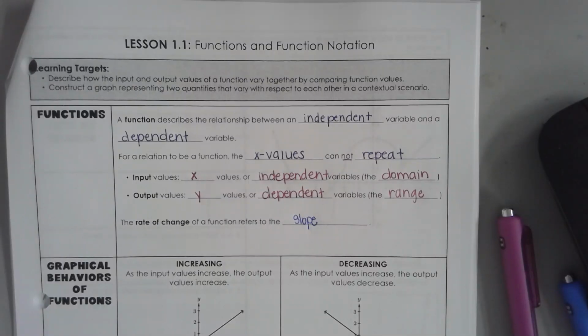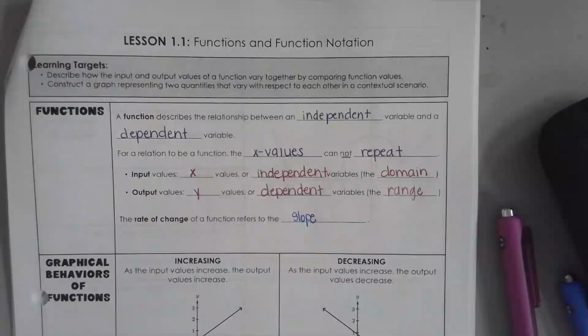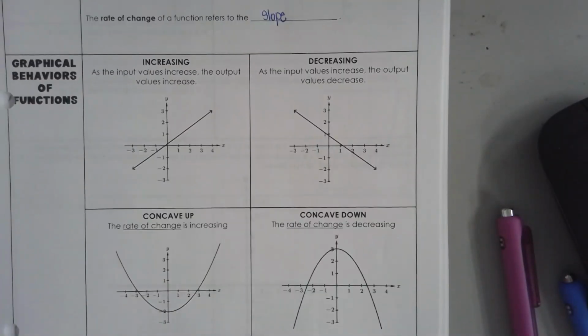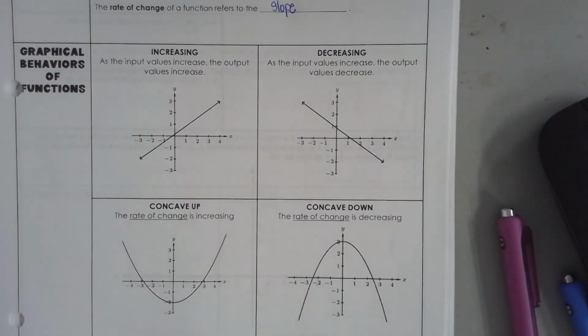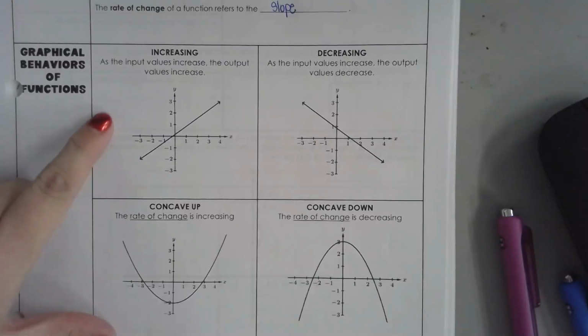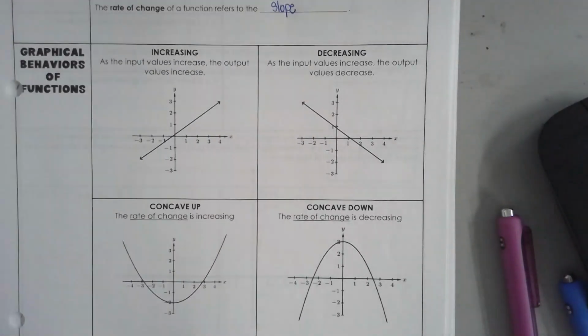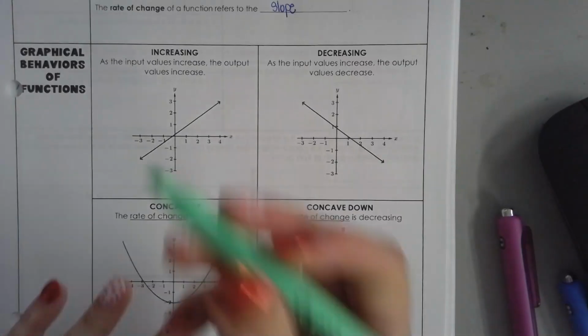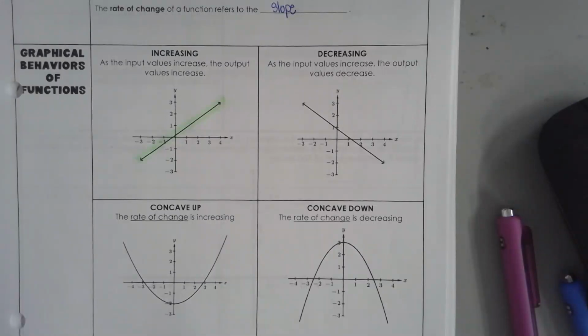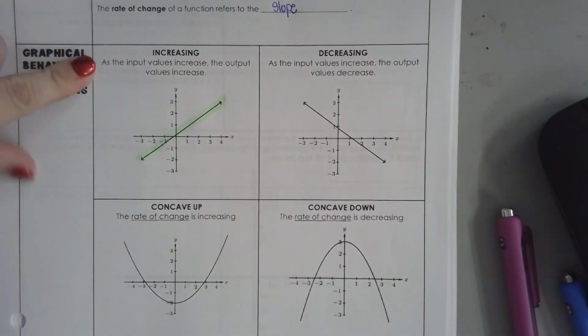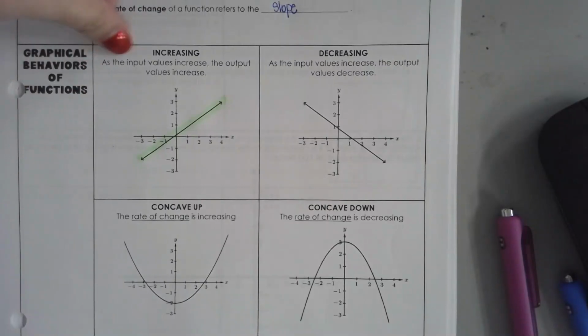Now in Algebra 2, we did probably more in unit 6, we talked about increasing and decreasing, concave up and concave down. Right. So increasing, we would say that a graph is increasing, here's the official definition, as the input values increase.